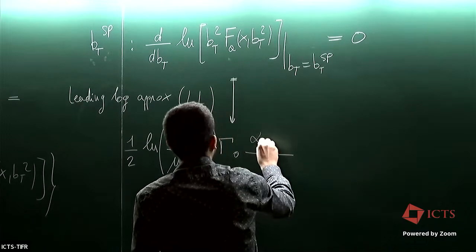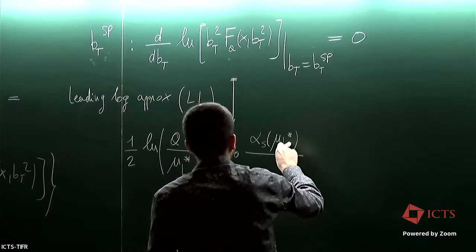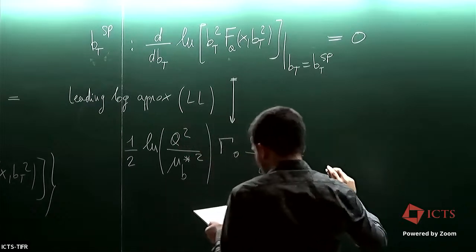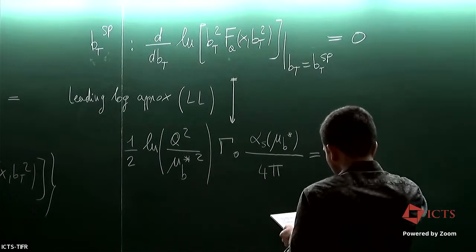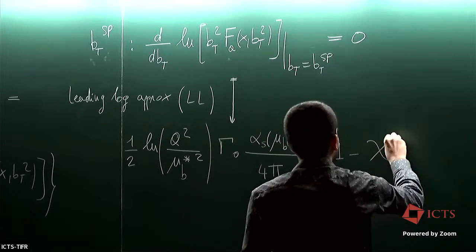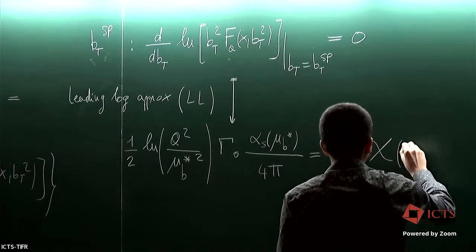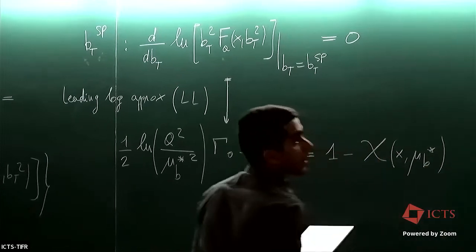Then you have the coupling constant alpha strong evaluated at this scale mu b star that I'm going to define in a few seconds, divided by 4 pi. And then at the right-hand side, you have 1 minus a function capital X, which is a function of the partonic X, comma, mu b star.